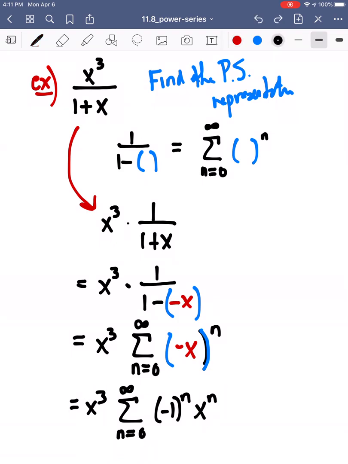So when we go ahead and do this, we'll do this in 2 steps. What this really looks like for us is this minus 1 to the n. We have x cubed that was originally sitting out in front of our series times an x to the n. And since now we're multiplying 2 different quantities but with the same base and different powers, we can add those powers.